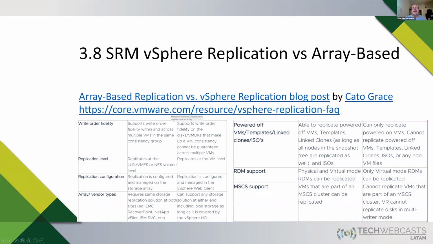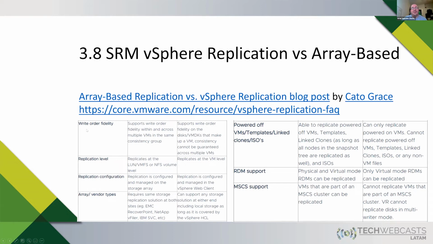He also lists out this vSphere Replication FAQ that goes into a lot of other scenarios or conditions for vSphere Replication. But I wanted to highlight some of these that he put out in that blog post, because they will make you choose different things when you're designing a solution.